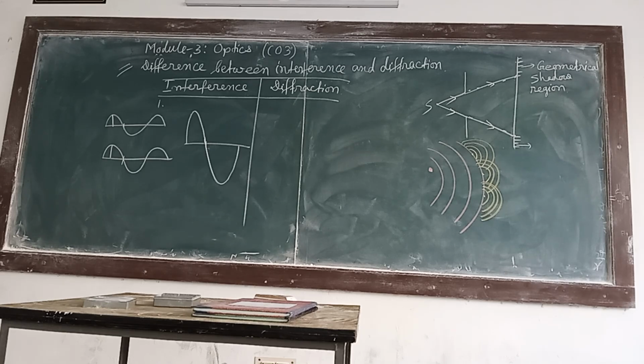In diffraction, number 4, the intensity of the bright fringe usually decreases with increase of order number.